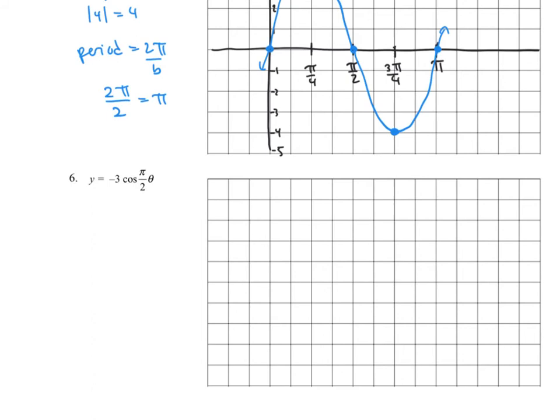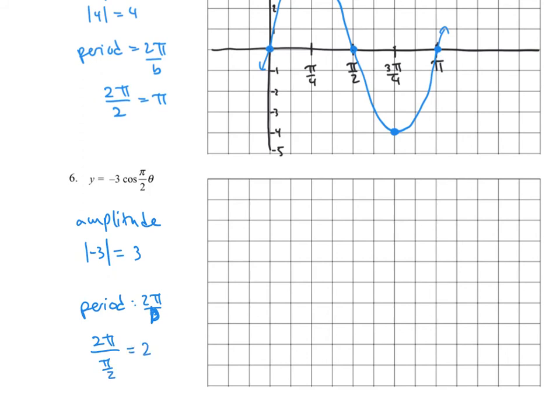Period and amplitude first. Amplitude will be the absolute value of -3, which is 3. The period, 2 pi over b, would be 2 pi over 2.